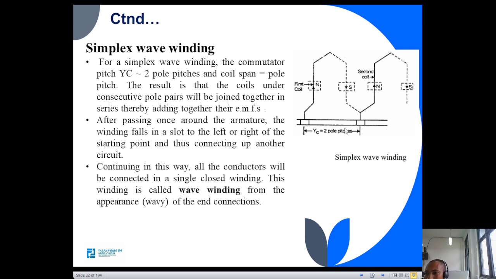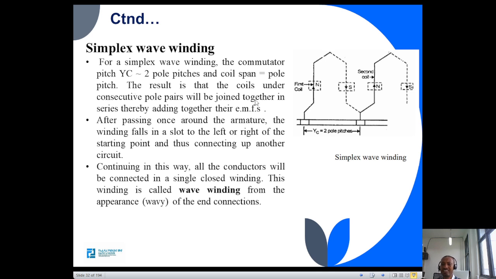That's why it is called wave type of winding. In this case, the commutator pitch is equivalent to 2 pole pitch, and the coil span is equivalent to pole pitch. In a simplex lap it was 1. Now in this case it is 2, and the coil span is equal to pole pitch.